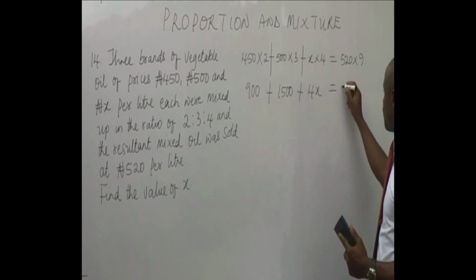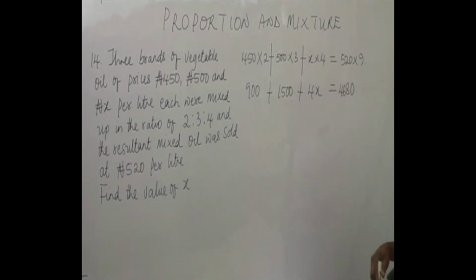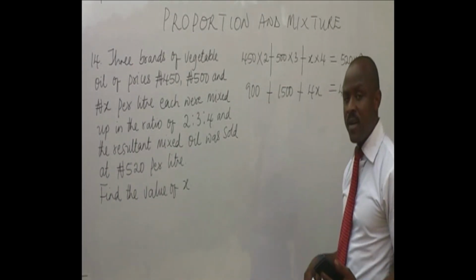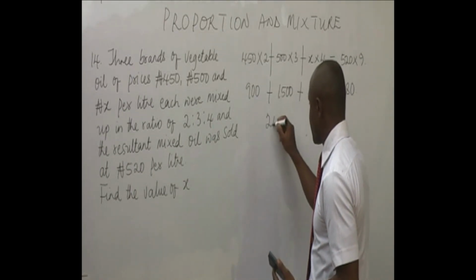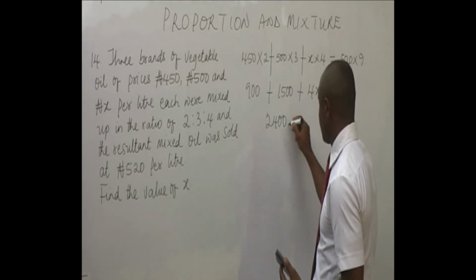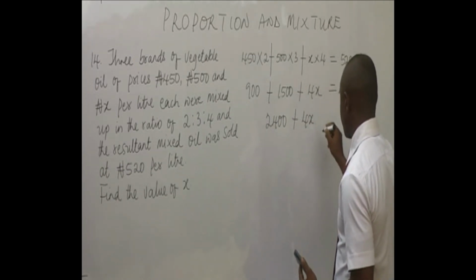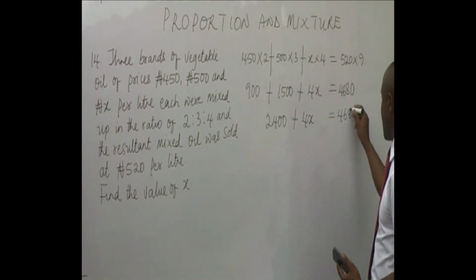Plus 1, 46. 900 plus 1500 is going to give you 2400. So we're going to have 2400 plus 4x is equal to 4680.